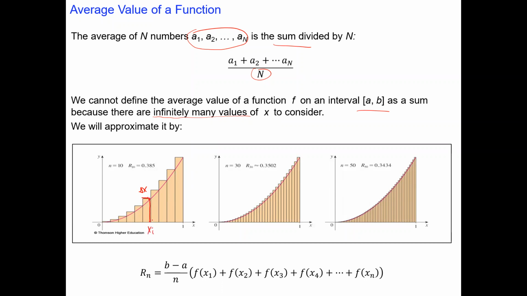The area of one rectangle will be delta x times f of x sub i. Delta x is calculated by taking the entire interval from a to b, which is b minus a, that's the length, and dividing by the number of these stripes, rectangles.